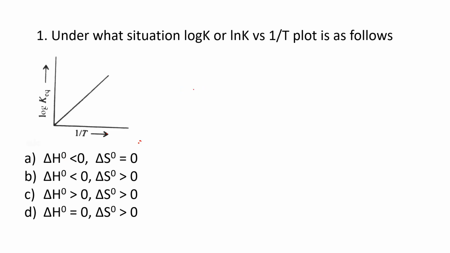So we know that delta G naught is equal to minus RT ln equilibrium constant. Again, we can write that minus RT ln equilibrium constant is equal to delta G0.